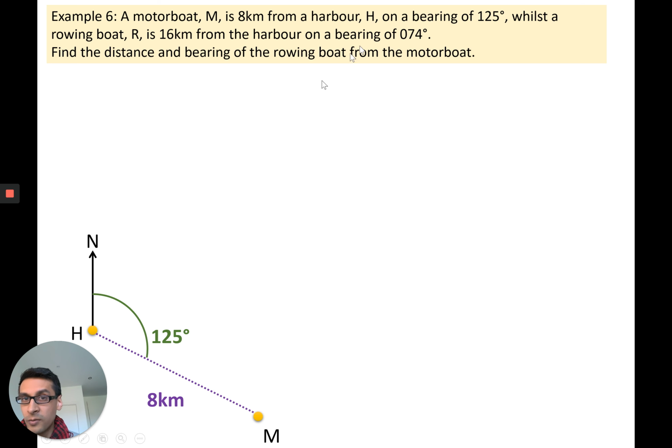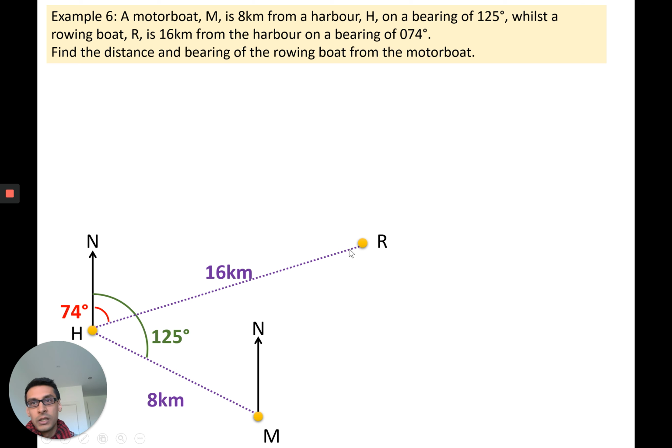So this again from H. Again for H, and it goes 14, so you have to worry about this accurately.